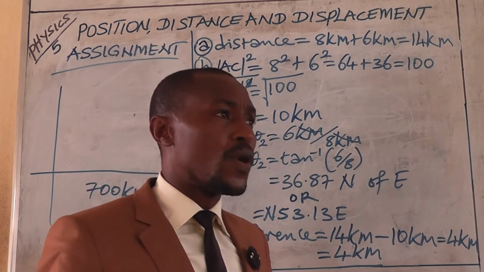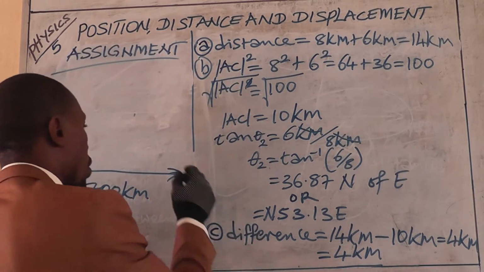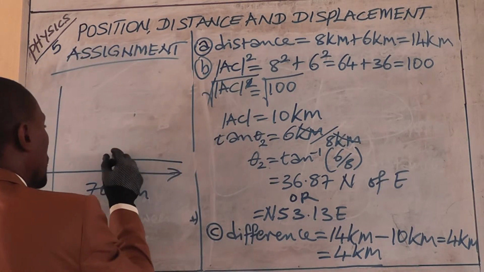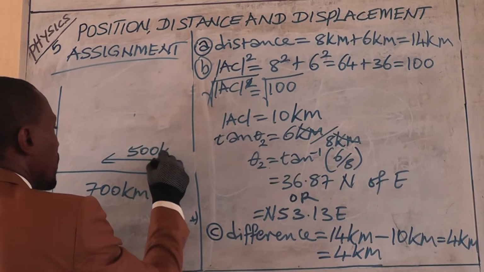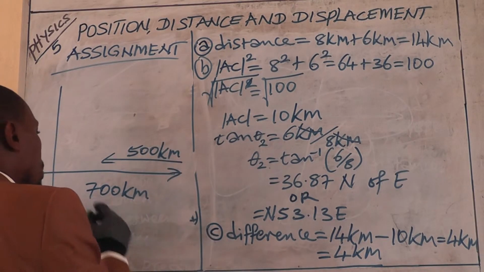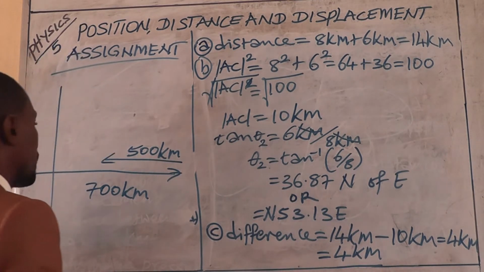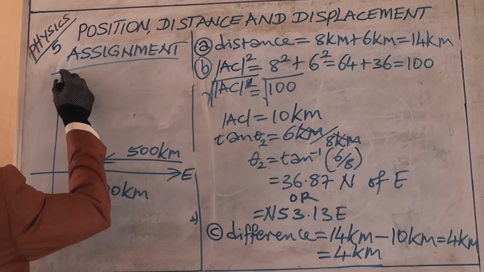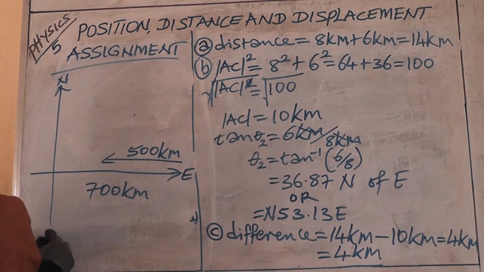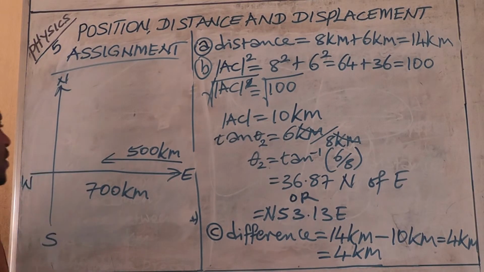And if he moves 500 kilometers backward to pick what fell off. Here is east, here is north, here is south, and here is west.